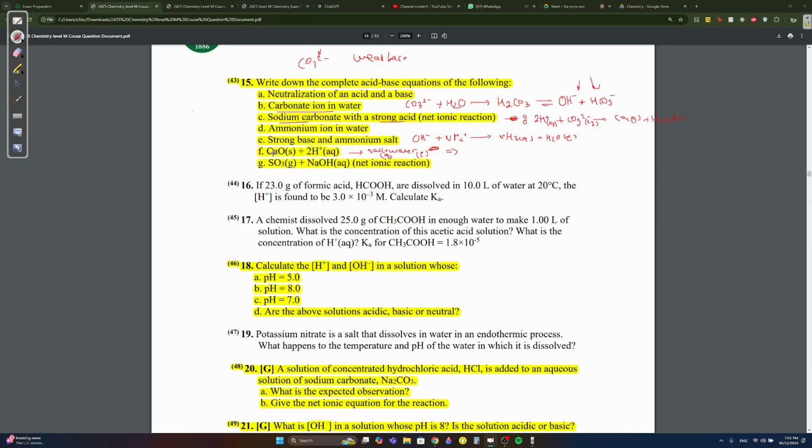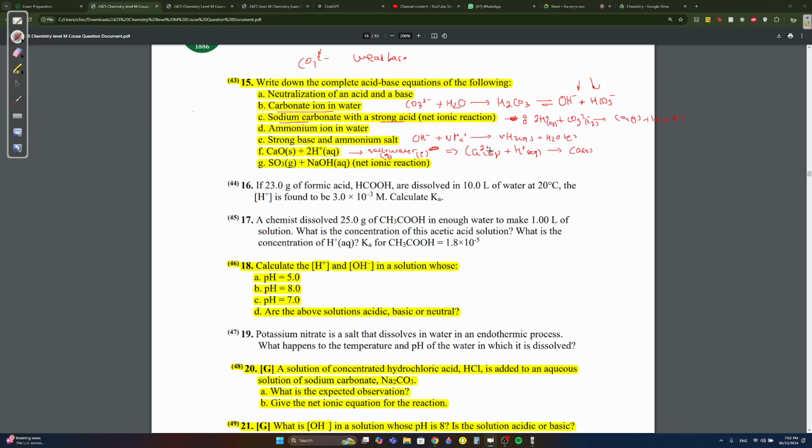Calcium is obviously going to take part in the salt. It was solid, it became aqueous, so I'm going to include calcium in my net ionic. What else? The H was aqueous, it turned into water, which is a liquid, so you put your H plus here. In the products we don't put the salt, we put Ca2 plus, because Ca2 plus is not a salt, it's an ion.